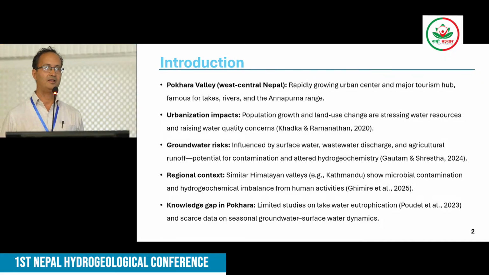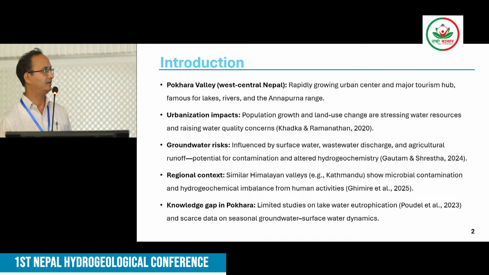So there is a challenge: the urbanization rate is very high. Because of that, there is stress on many resources like lake water, river water, and all kinds of natural resources, which are being stressed due to urbanization and increase in population.